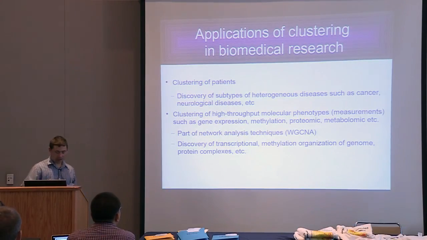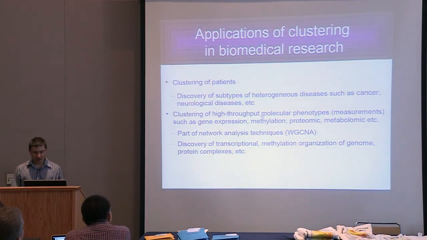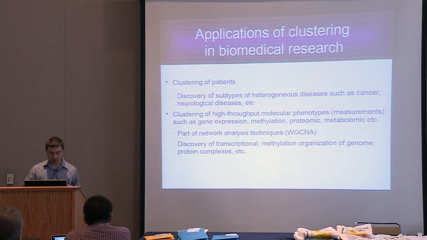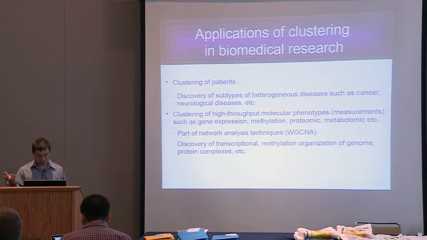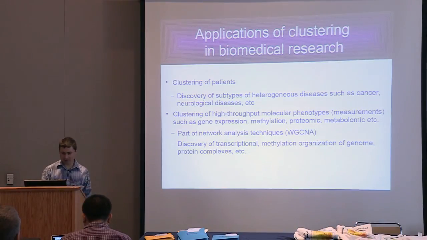In this way of doing clustering, the clustering of the high throughput molecular phenotypes is really the core step, as Steve mentioned already, of network analysis techniques, and in particular of the weighted gene co-expression network analysis that you're going to hear about this week. And it helps discover transcriptional or methylation or whatever other type of high throughput data you study, the organization of the organism, so transcriptional organization of the genome, protein complexes, and so on.